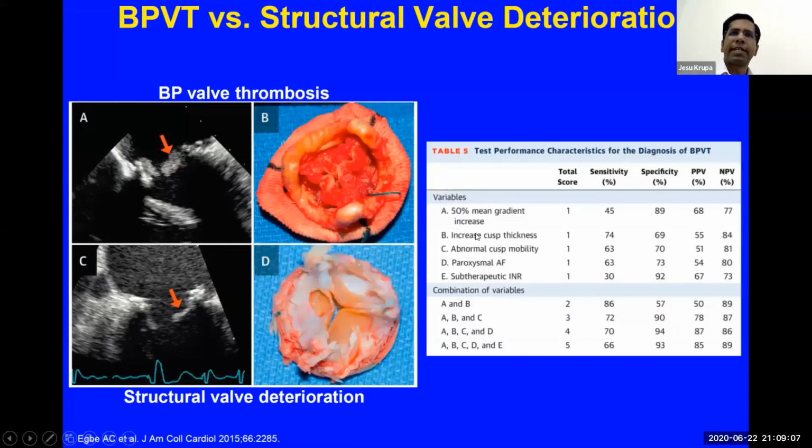And as in the first case, from evidence from this particular study, when you see a mean gradient increase on follow-up, increased cusp thickness, abnormal cusp mobility, subtherapeutic INR especially, and paroxysmal AF, all these things point towards bioprosthetic valve thrombosis as opposed to structural valve degeneration.